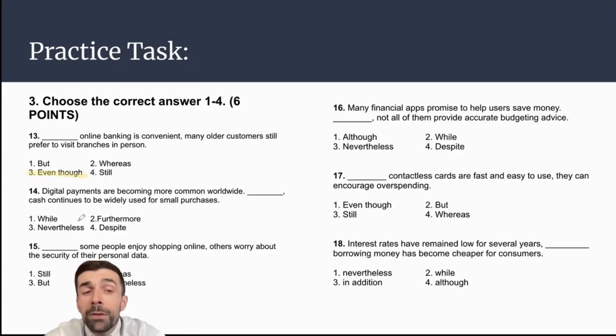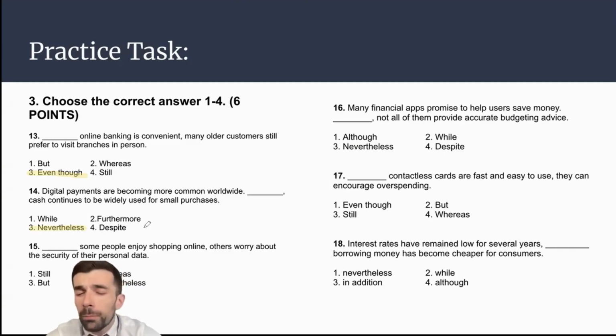Time is up. If you need more time, you can pause the video and then click resume when you're ready to continue. Let's check together. Digital payments are becoming more common worldwide. Nevertheless, cash continues to be widely used for small purchases. Here, we need nevertheless because we started a new sentence.